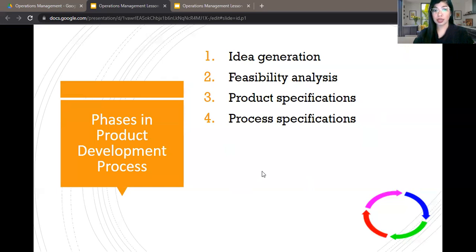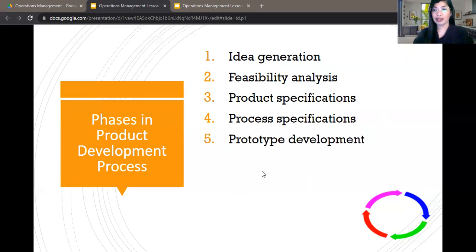Alternatives also must be weighed in terms of cost, availability of resources, profit potential, and quality. This involves collaboration between accounting and operations.